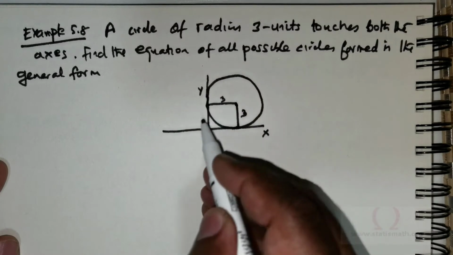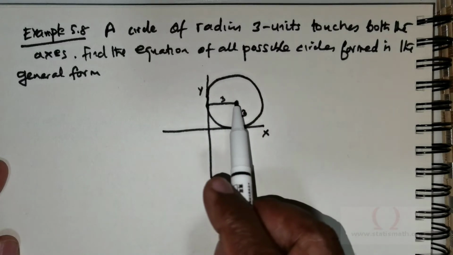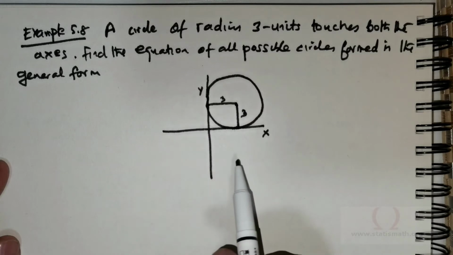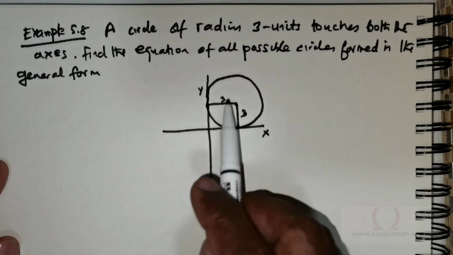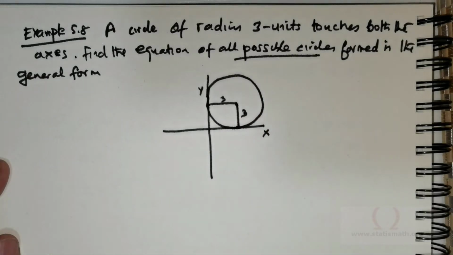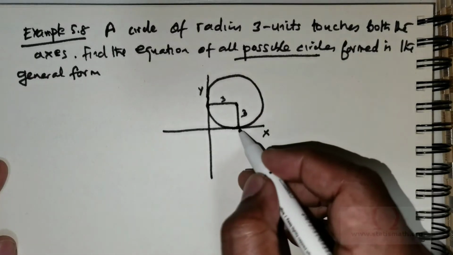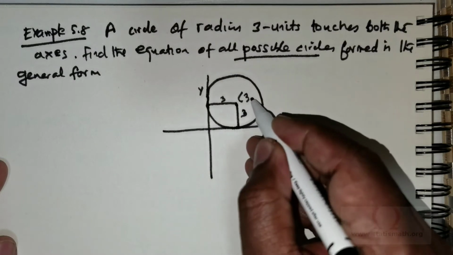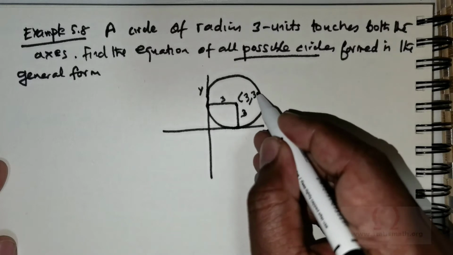Now we are expected to draw circles like this for all the other quadrants, because the question wants us to give the equation of all possible circles. So in this case, my x value will be 3 and my y value will be 3.